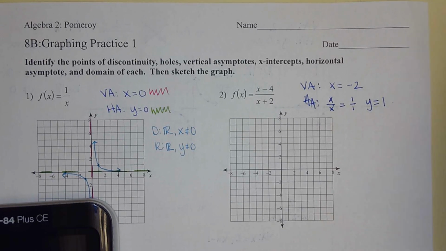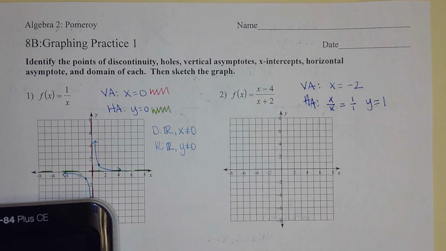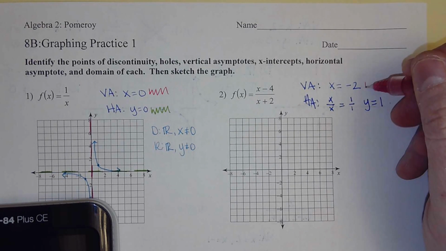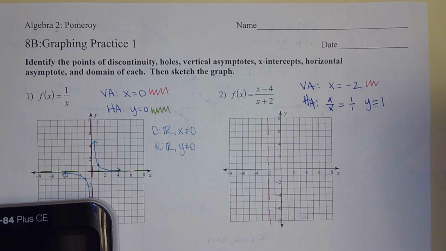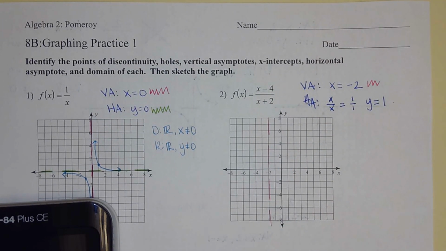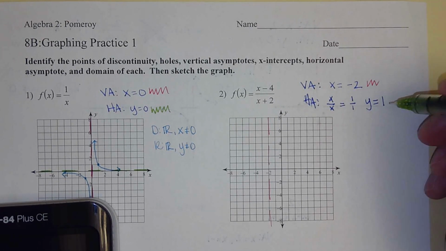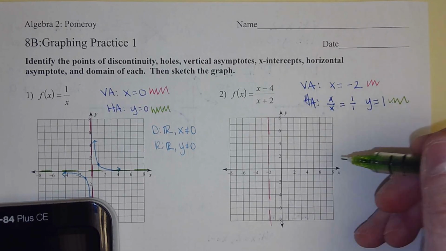Now, to graph this, I would do a vertical asymptote at x equals -2 and a horizontal asymptote at y equals 1.